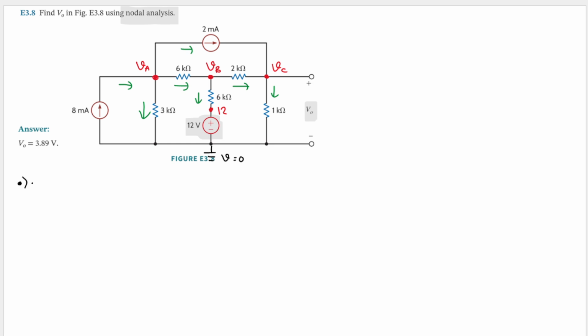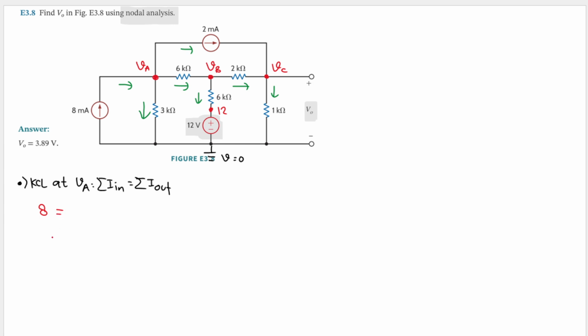Let's do exactly that. Let's do KCL at VA. KCL says that the sum of the currents that go in will equal the sum of the currents that go out. The only current that goes in is this one, so we will have 8.